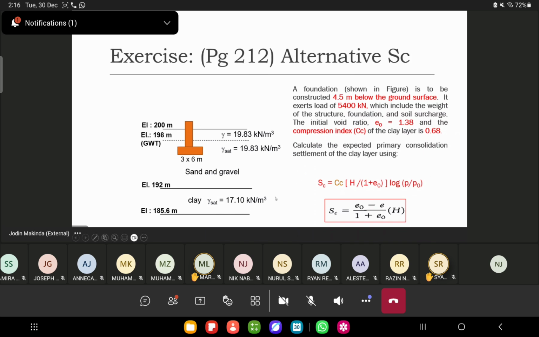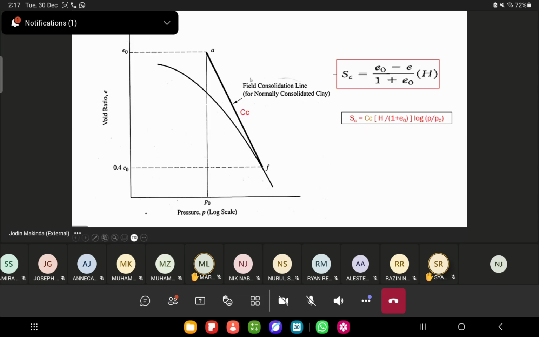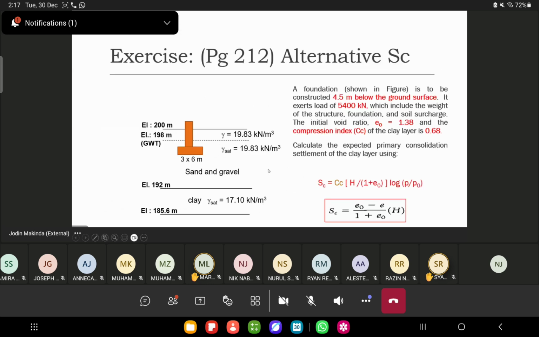In this question, it asks you, what is the SC value using the alternative CC? We know all of the other parameters. So solving this problem requires you to find the CC. Luckily in this case, the slope of the FCL is given in the question.